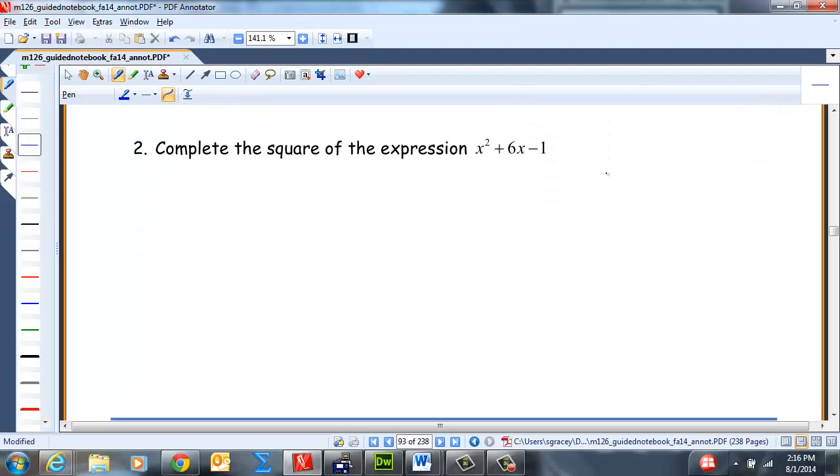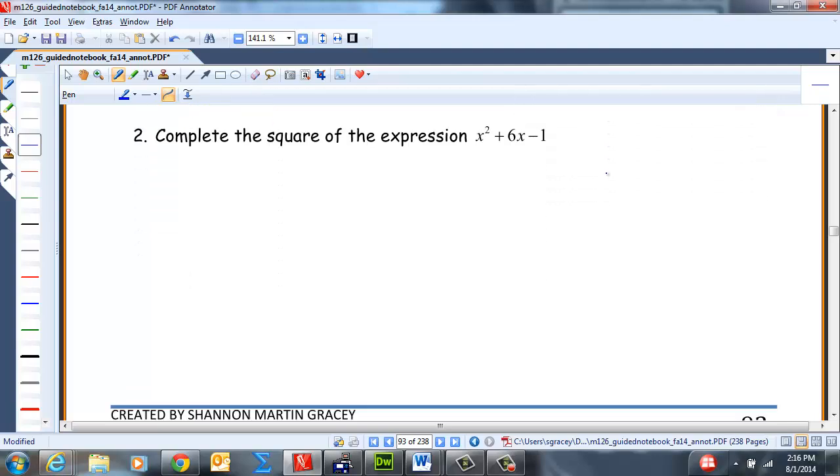Completing the square is a skill that we'll use when we're graphing quadratic functions using transformations. So this was why I put this warm-up problem. So if you recall, when you're completing the square, we basically are going to be adding 0 to the same side.